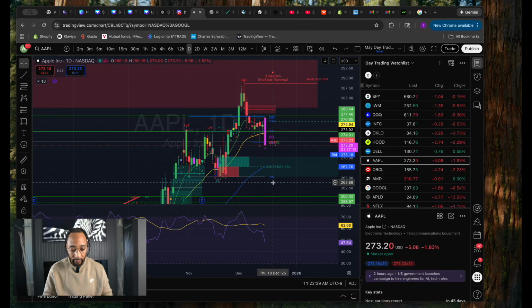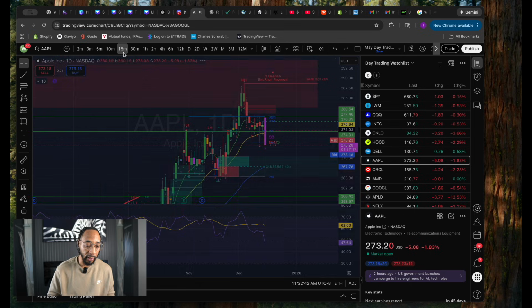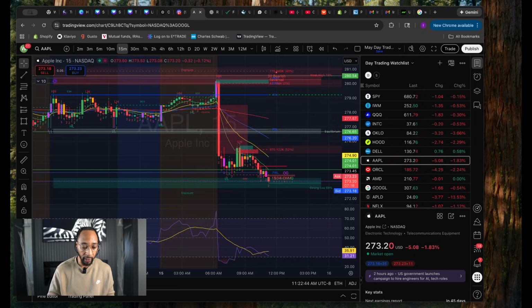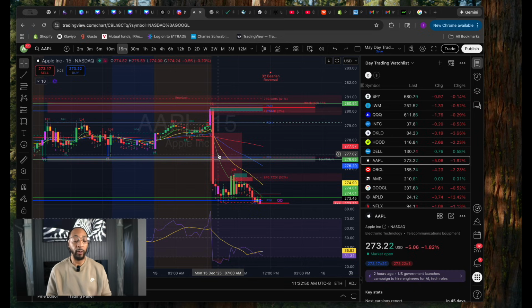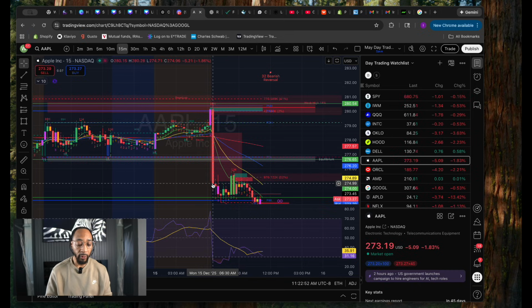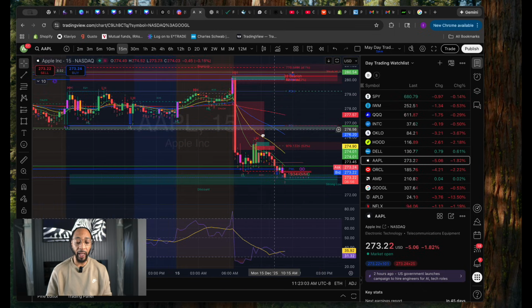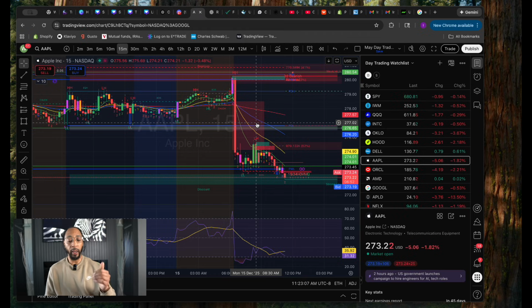Okay. So let's go back to the 15-minute, right? Or the 30-minute, either or. Okay. So when I see a big candle like this, what do we talk about, y'all? Right? When you see these big candles, it could fake you out to the downside and then come up and retrace this whole candle, or it could continue to trend to the downside. But, right, when we think that we're going to get a reversal right here, we've got to understand that we need smaller candles, and then we need a confirmation.